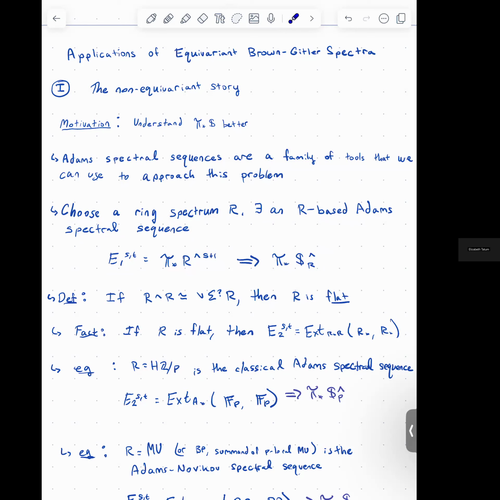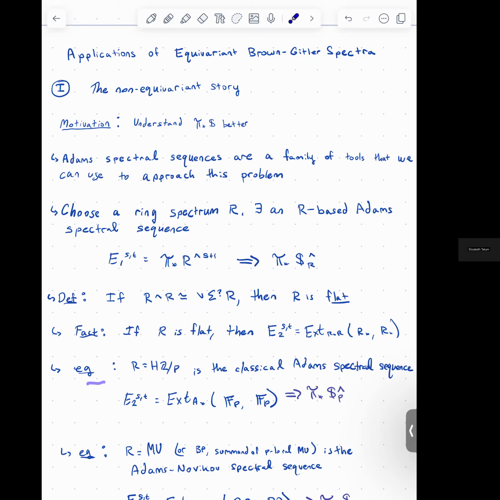Sometimes you can get to the E2 page for free. Specifically, if R smash R is just a sum of copies of suspensions of R itself, then we say that the ring spectrum R is flat. And in fact, you can show that if your ring spectrum R is flat, then the E2 page is going to have this nice algebraic description as Ext groups over R_*R.